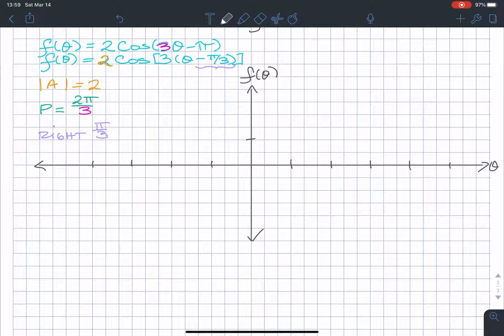My amplitude is 2. I know that 4 quadrants is 2 pi divided by the coefficient 3. So each of these quadrants, pi over 2, pi, and 3 pi over 2, will be divided by 3 respectively.